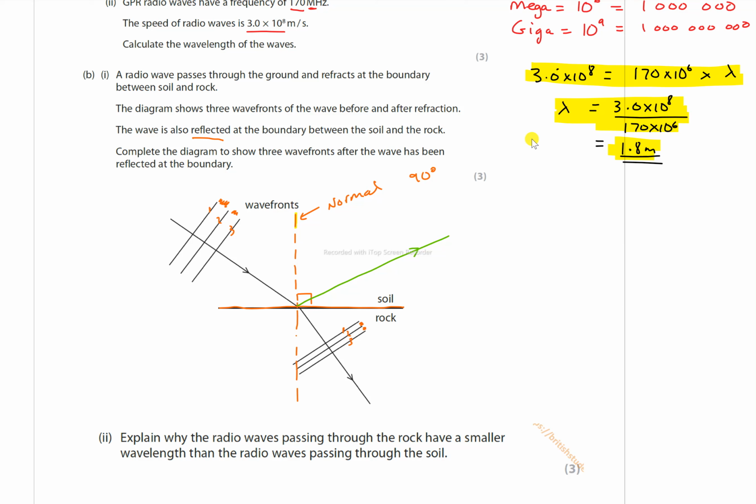So what I'm going to do is, that distance roughly is that. That should be the same distance, so you show it that way. They're not going to be closer or further apart, same distance.